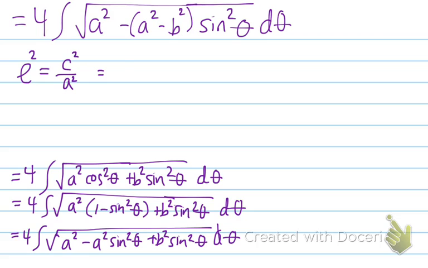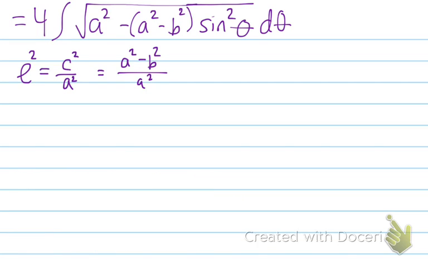So this is a squared minus b squared over a squared. So if we see that, you can actually rewrite this integral. And again, in the book, they kind of take a few jumps, I should say. So let me walk you guys along. So I'm going to use this piece and this piece here.